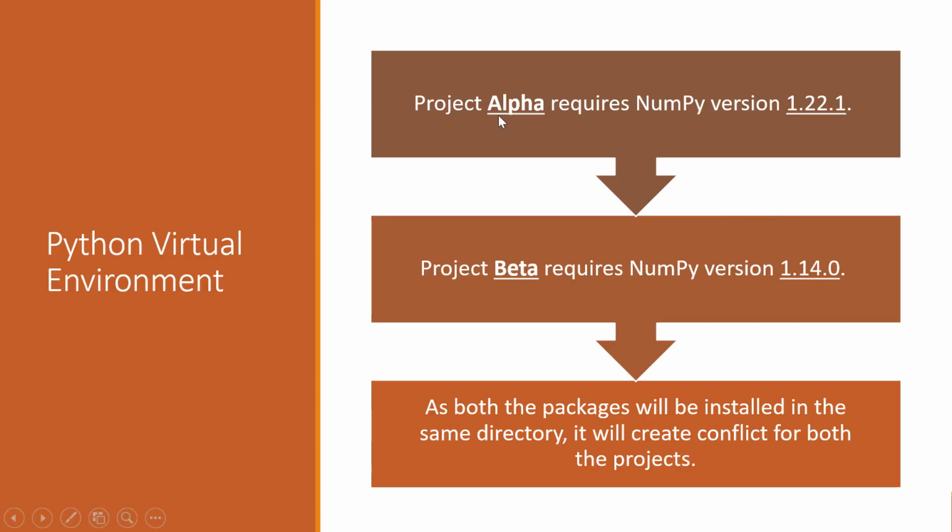For project alpha we install this version of NumPy 1.22.1 and then for project beta we install this version 1.14. Then if we are using the same environment, what will happen? It will uninstall NumPy version 1.22 and install this version 1.14. But when we use this alpha project, we are considering that we are using NumPy version 1.22.